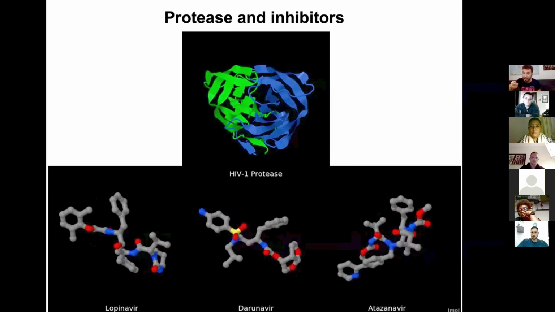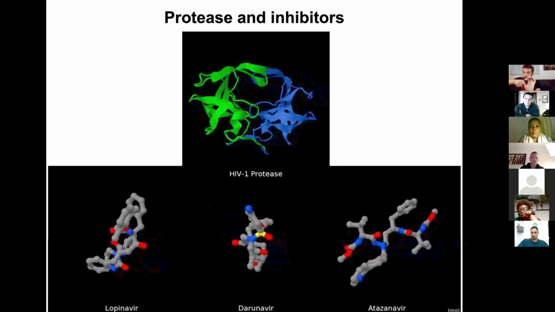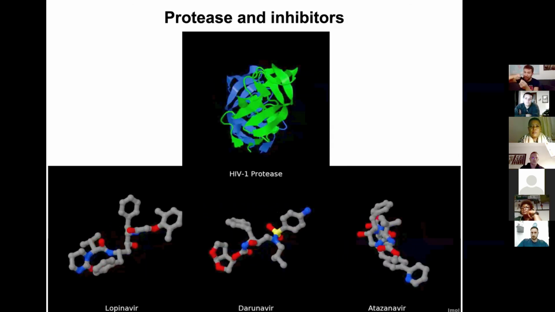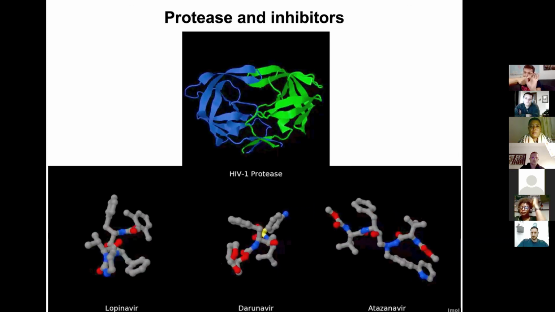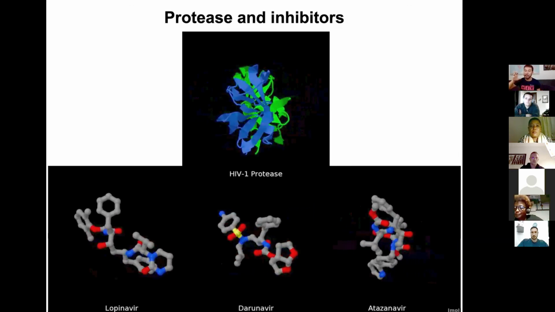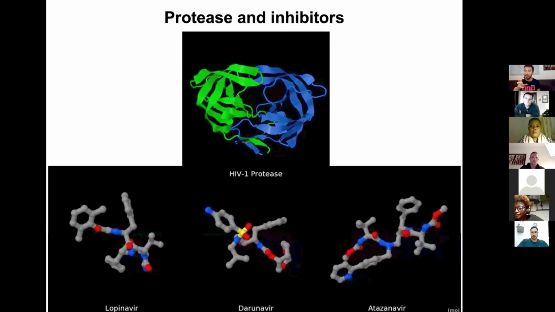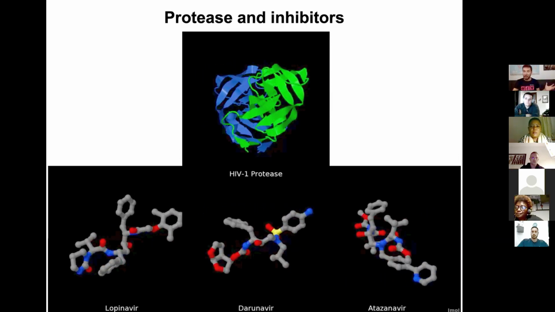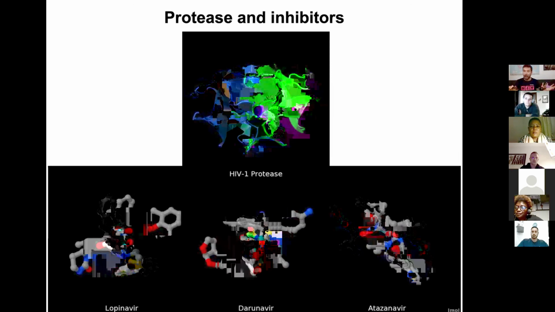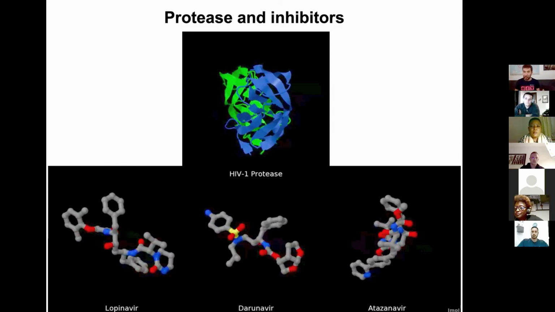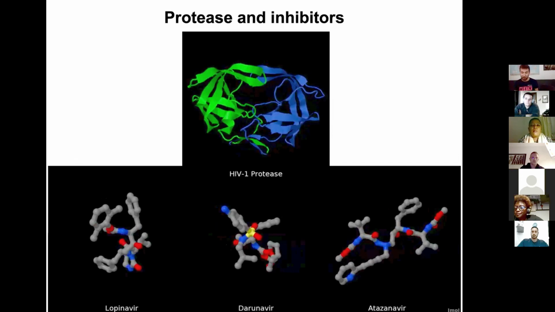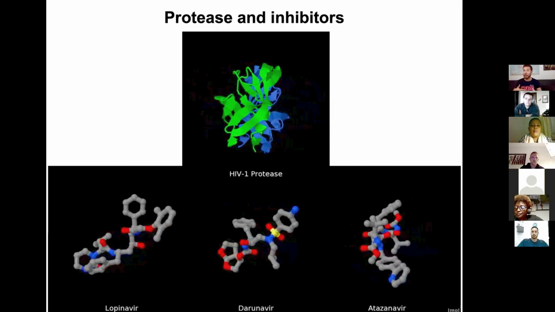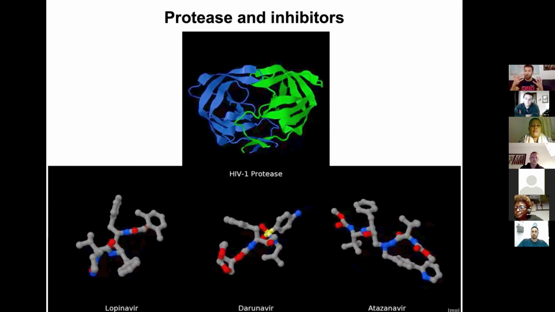It's like a key I put in a keyhole or a lock. This key fits exactly in this keyhole, and it means that I block it, and then other proteins cannot. It means I inhibit protease, and a new variant of HIV cannot be born. So this is how they work.